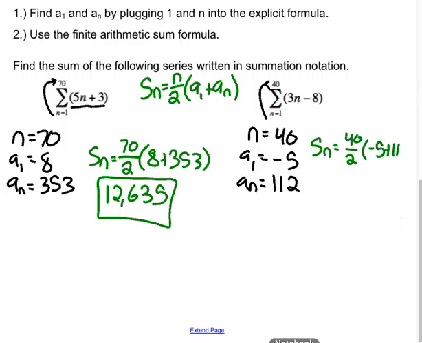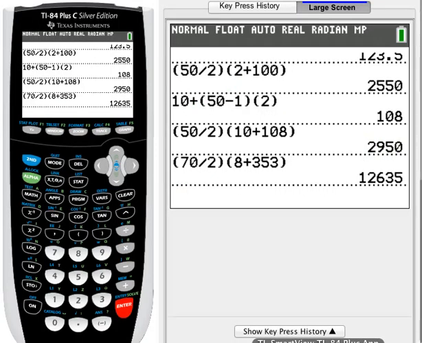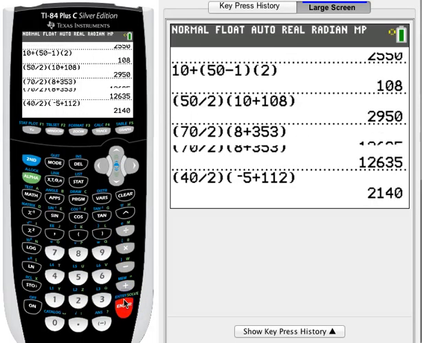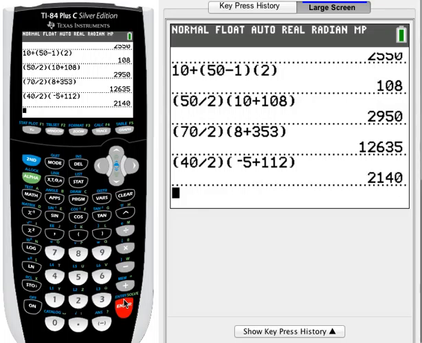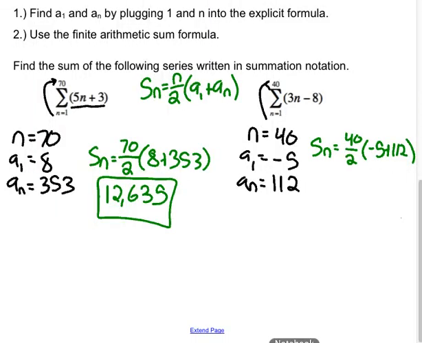Negative 5 plus 112, and that's what I'm going to type into my calculator. 40 divided by 2, negative 5 plus 112, gives 2,140. All right, so again, pretty painless at this point.